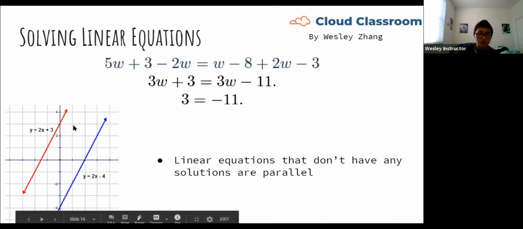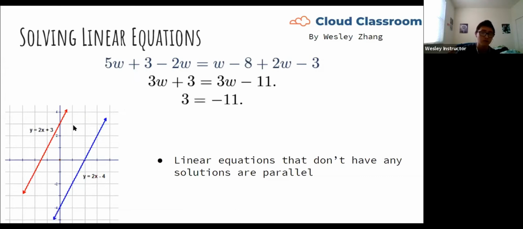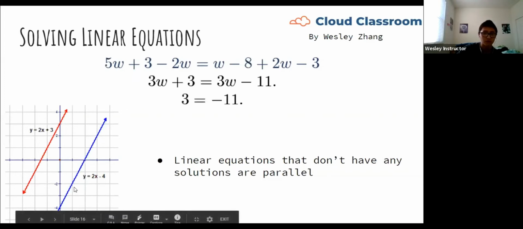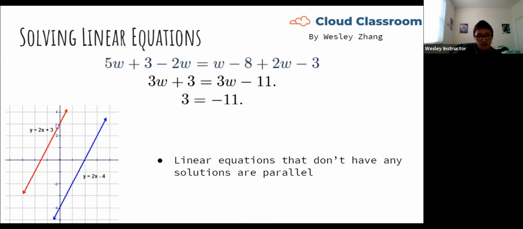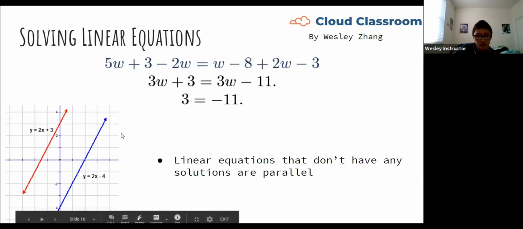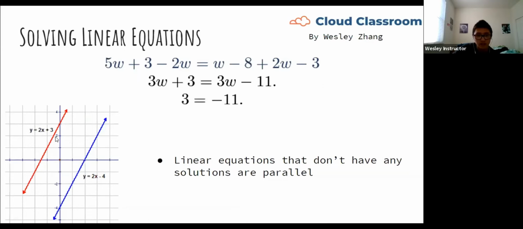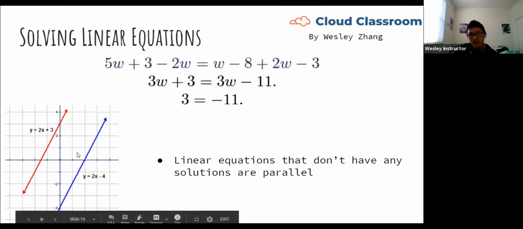When two expressions have no solutions, they're parallel when you graph them, because they never intersect. When you graph equations, the answer will be where the lines intersect, but these lines will never intersect. So there's no solution.